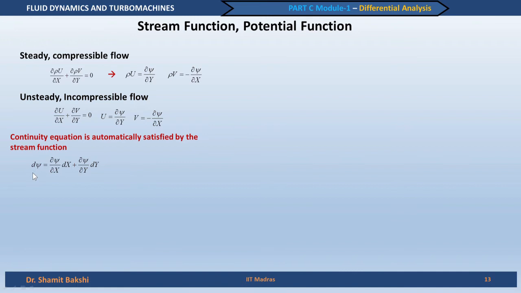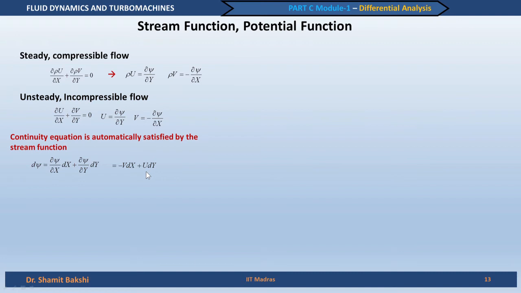By applying the rules of partial derivatives, where psi is a function of two independent variables x and y, we can write d psi as del psi by del x multiplied by dx plus del psi by del y multiplied by dy. Now, if we plug in del psi by del x as minus v and del psi by del y as u, we get minus v dx plus u dy.